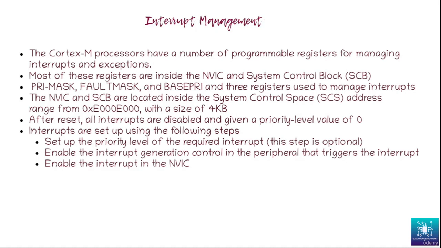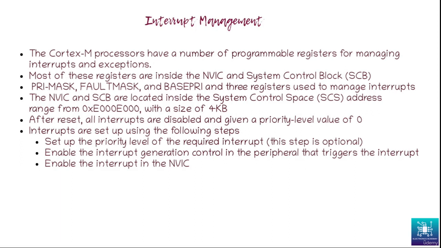initialization process. Setting up interrupts is done in 3 steps mainly. These are the 3 steps that are always followed when an interrupt is being set up. That is, the priority level of the interrupt is set.